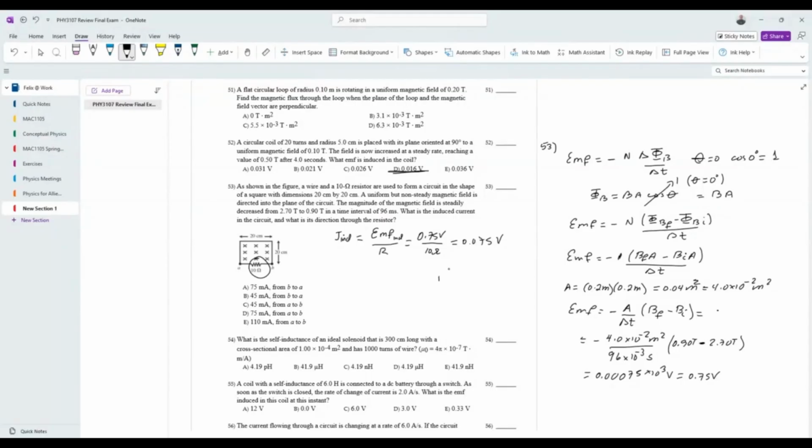The answer is 0.075. Sorry, not volts, amperes. So the answer is here in milliamperes.